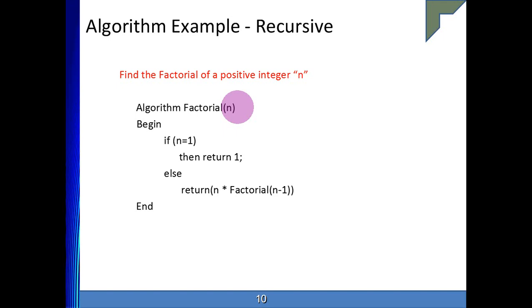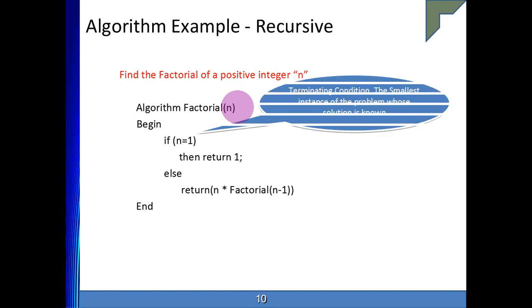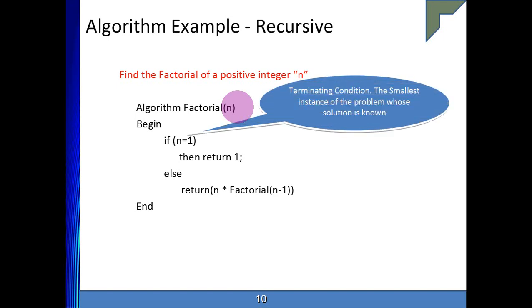Actually, typically how does it work? We have a concept of stack associated with it. Also, when a recursive algorithm is actually implemented, we have certain kinds of activation records and all. We'll not discuss all these things. Just understand that whenever you write a recursive algorithm, there has to be a terminating condition. Here, if n equal to 1, return 1.